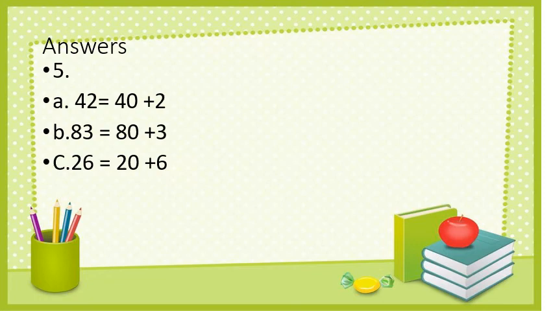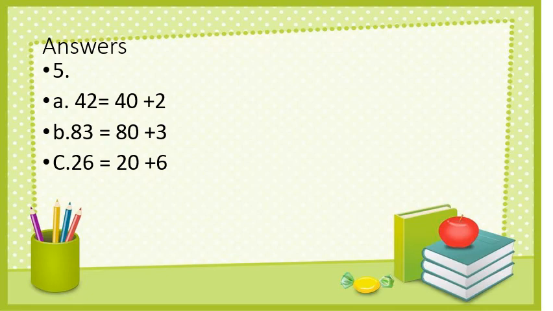Now children, next question, question 5. Write in the expanded form. Children, expanded form means long form. Look at the first part. The number is 42. Children, in expanded form, we add the place value of all the digits of a number.